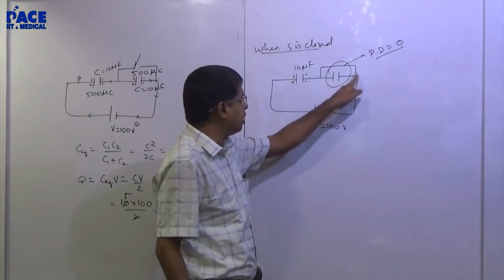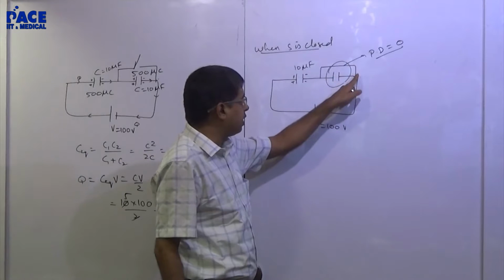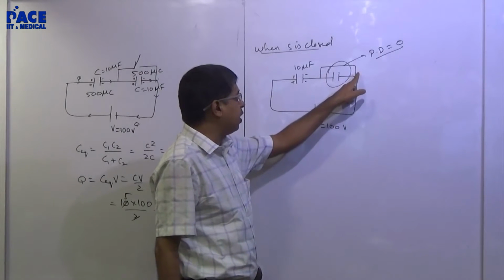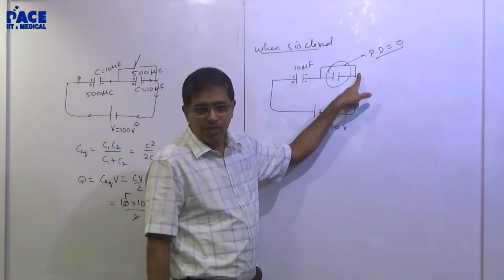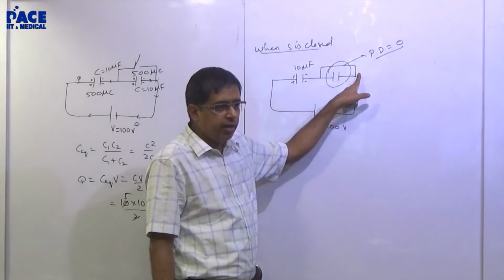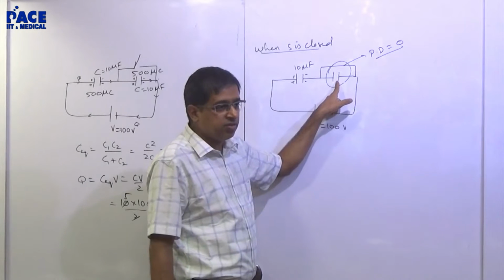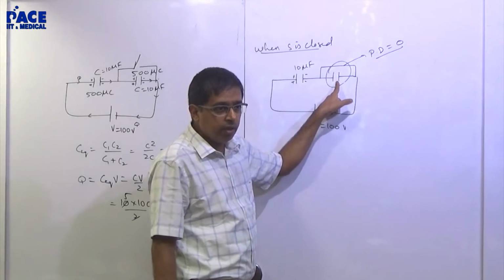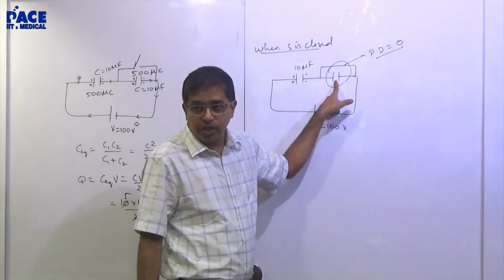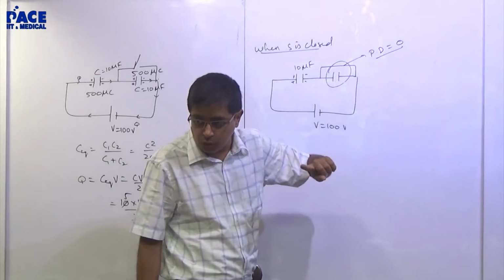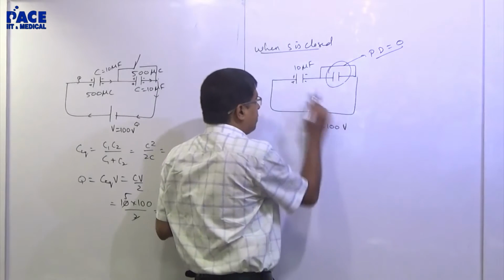This is called short circuiting. There is no particular resistance here. These two points will be at the same potential. Potential difference across this will become 0, so the whole of this potential will appear across this.